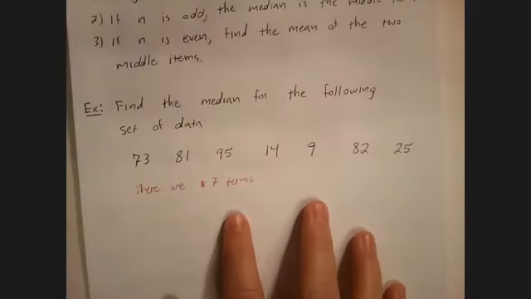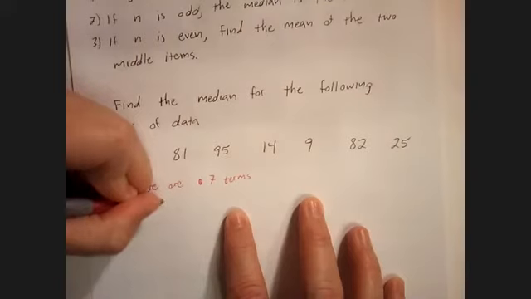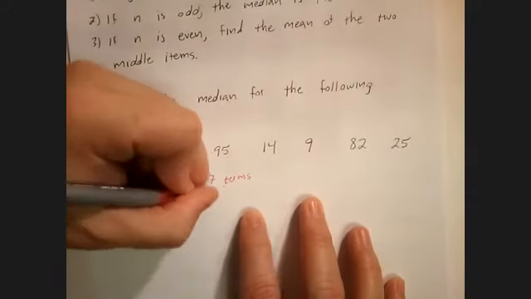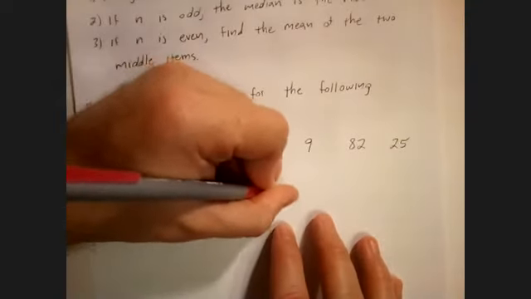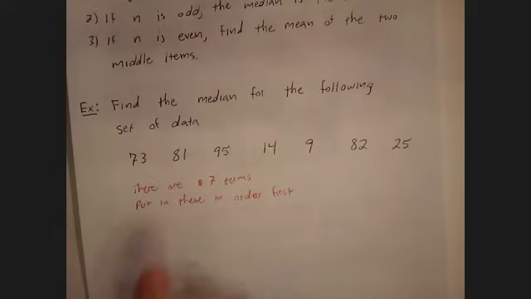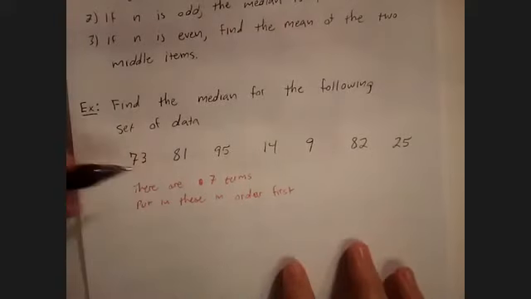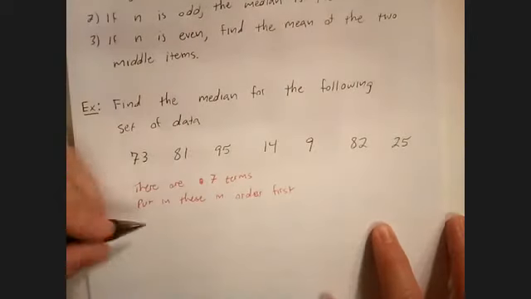Before I do anything, I have to put these in order. So we got to put these in order first. Okay. I really should do that first, then recognize there's 7, but whatever. All right, so I'm going to rewrite this entire set down here. So the smallest number is 9.